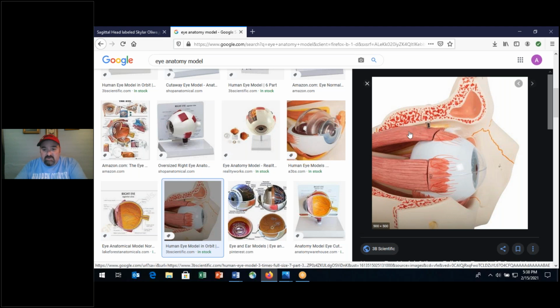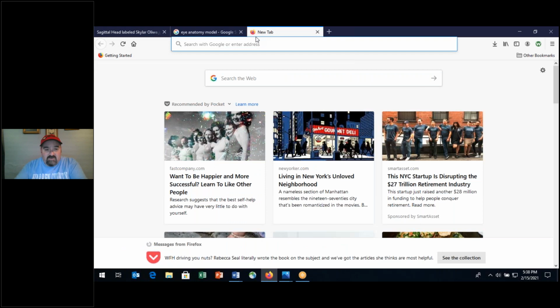And right here would be the inferior oblique. They both come from lateral and go medial, as far as those muscles are concerned. I'll show you another image right now where they're cut.